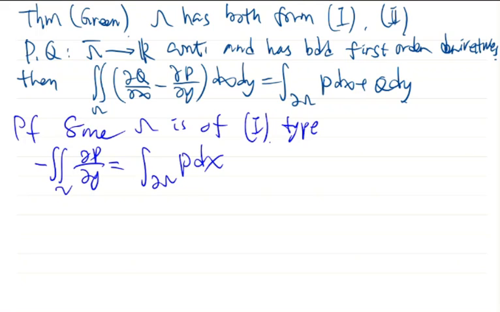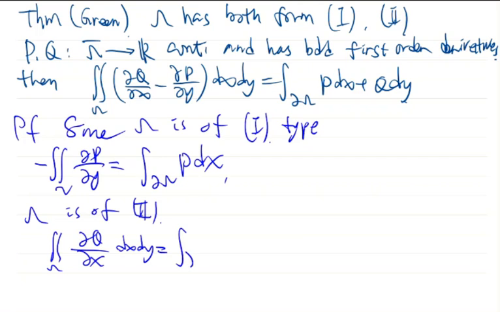We will take a minus sign to the double integral. And since omega is of type 2, we also have the other equality. Now adding these two equalities, we obtain our result. So the proof is quite simple.